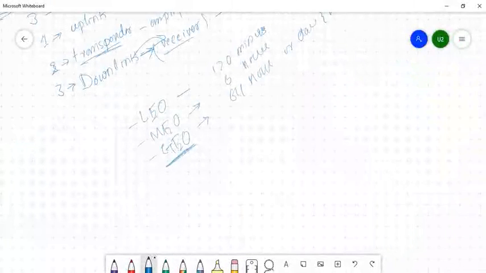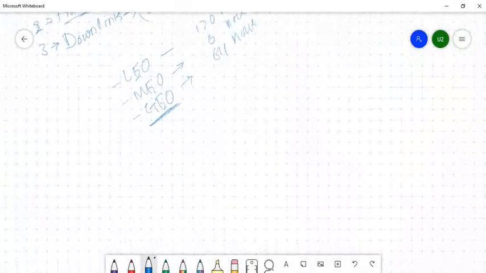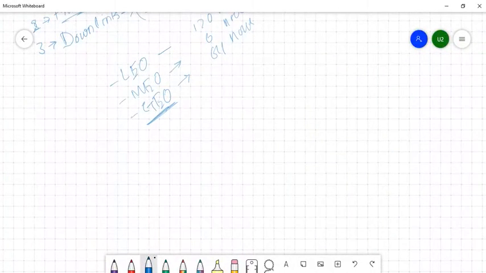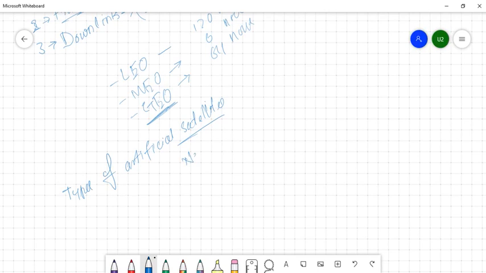All right. Now coming to types of artificial satellites. So it can be navigational.